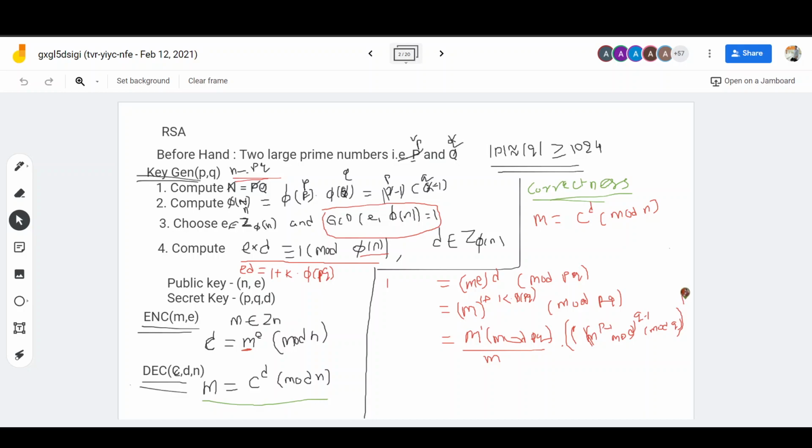So can I write like this now? No problem for that. But observe this one. This is equal to 1.